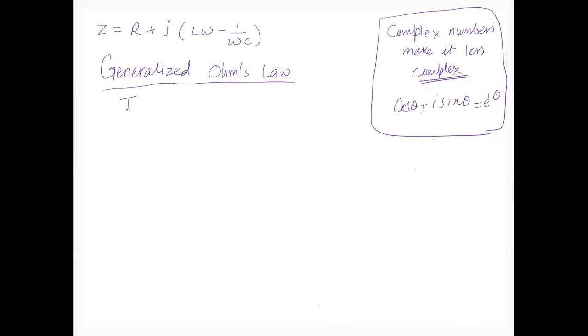Your Ohm's law will be I equals B over, instead of R, now we are talking about complex, that's why I call it Z. So remember how you write a complex number? Any complex number can be written as, yeah, this guy.